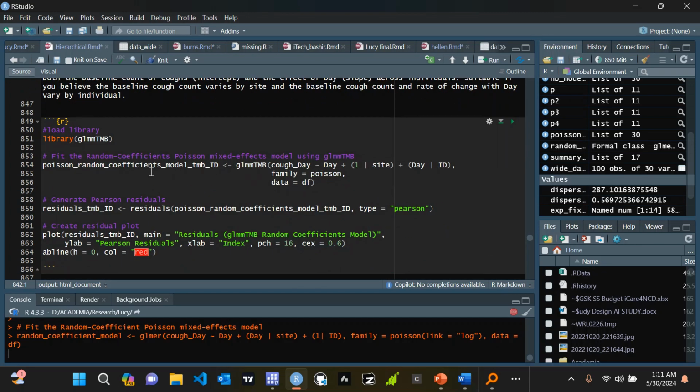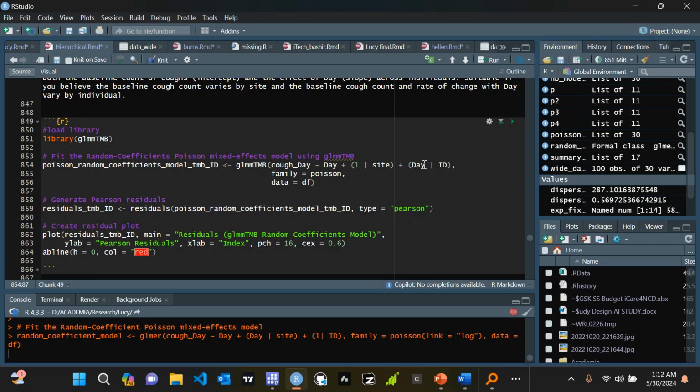So we wanted the model that is going to fix this part and make this random. We assume that the cough frequencies change per individual, that's the ID, and also change within the day itself. So time has an effect.